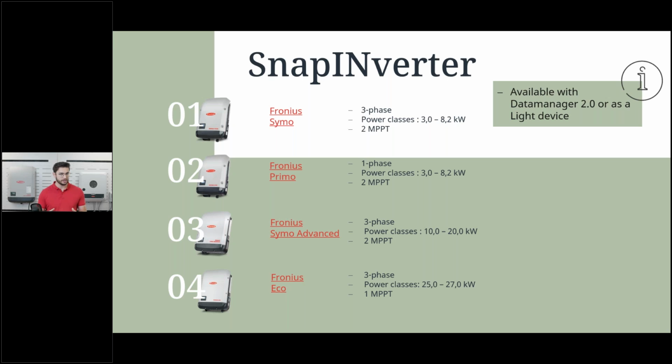So it's a standard SnapInverter, which feeds into the grid. It does all these things, but it is not able to connect to the internet and supply data to SolarWeb. So there is the standard version, and then there is the light version. That's very important for our webinar today to understand. Now you can retrofit a light version with a data manager later on and make it online capable.